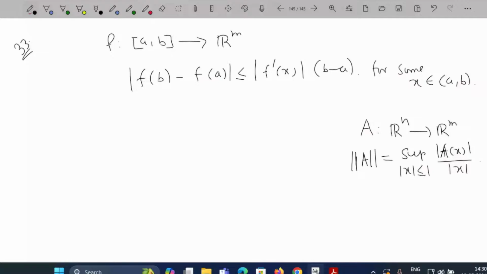But don't bother with the norm of the operator in this case, because it's a vector valued function of a single variable, so f dash x will be a vector in Rn. So do not bother with that.